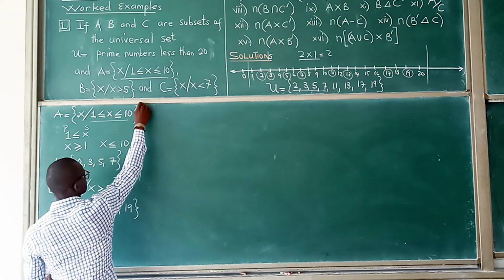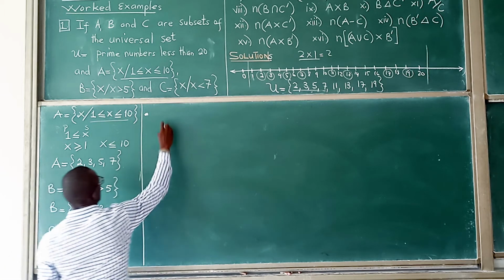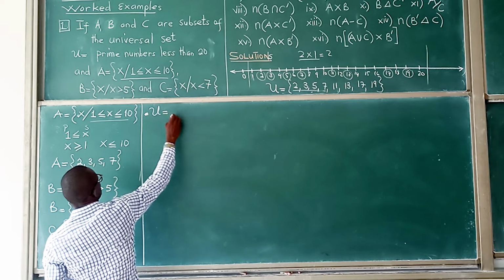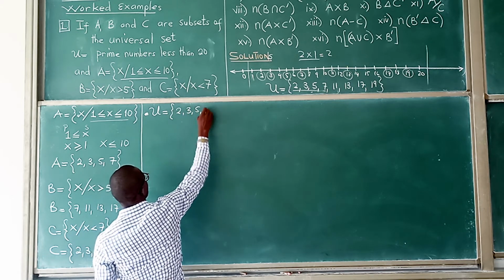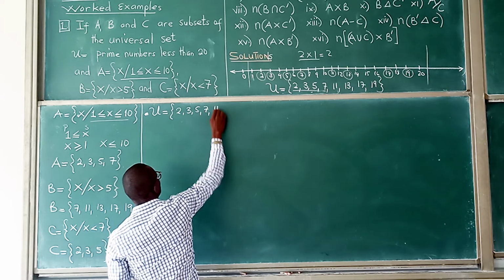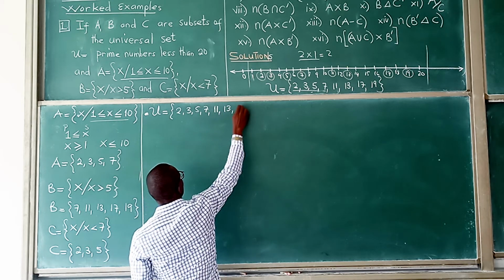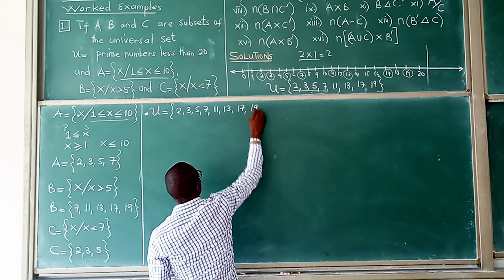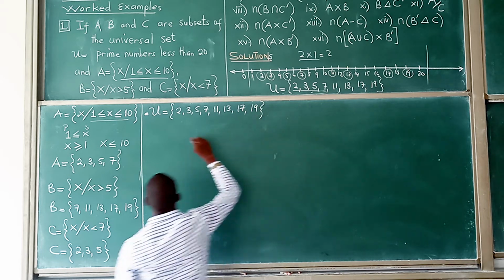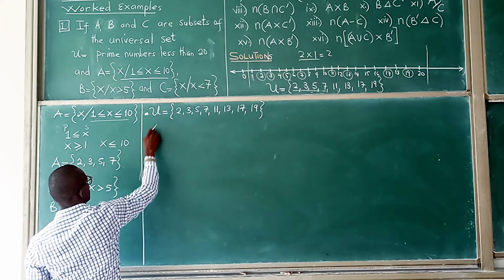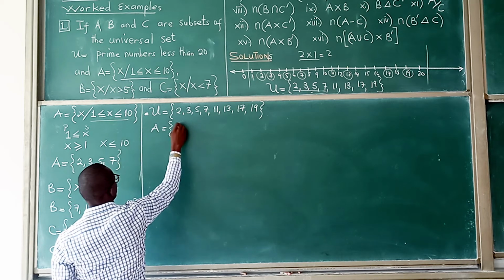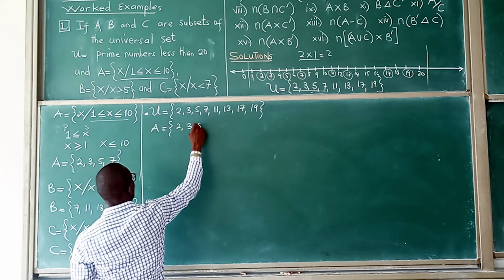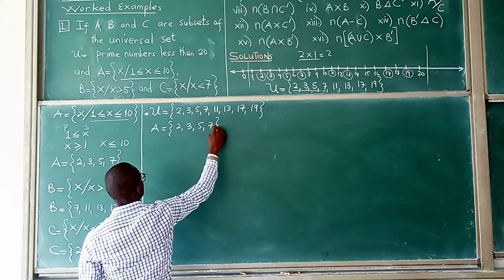So therefore, we have the universal set to be equal to 2, 3, 5, 7, 11, 13, 17, and 19. Also, we have set A to be 2, 3, 5, and 7.